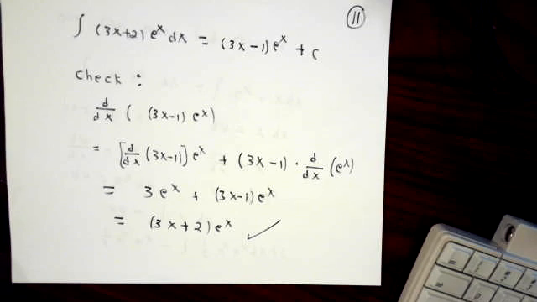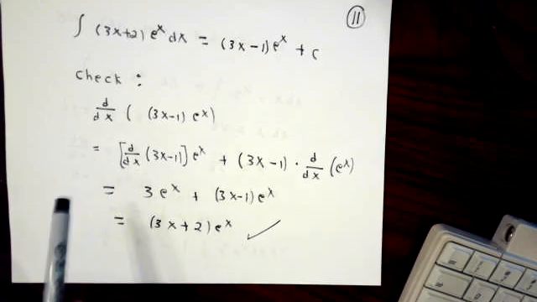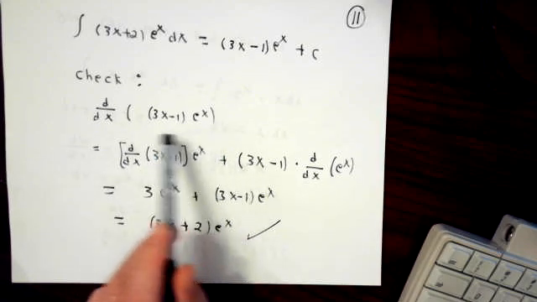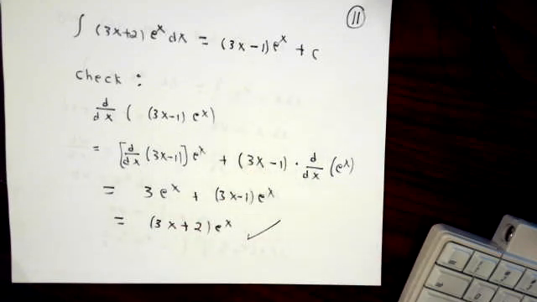Do the product rule, group terms together, and you find out that the derivative of the interesting part of my answer up here is 3x plus 2 times e to the x, and that's what it's supposed to be. This procedure, when you first see it, seems completely crazy, but as we've seen, it actually does work.